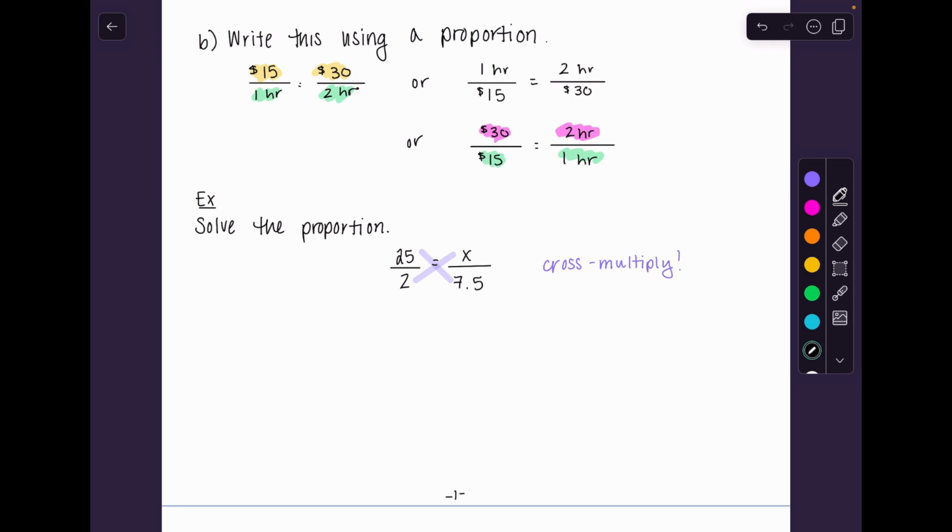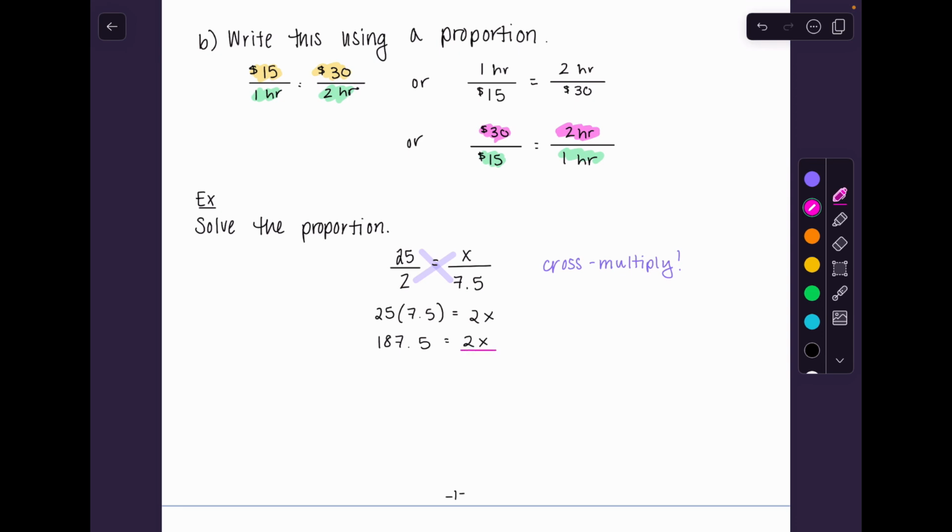So we're going to go ahead and do 25 times 7.5, and then the 2 times the x. And if you go ahead and multiply the left-hand side out, this will give you 187.5, and then 2x on the right.